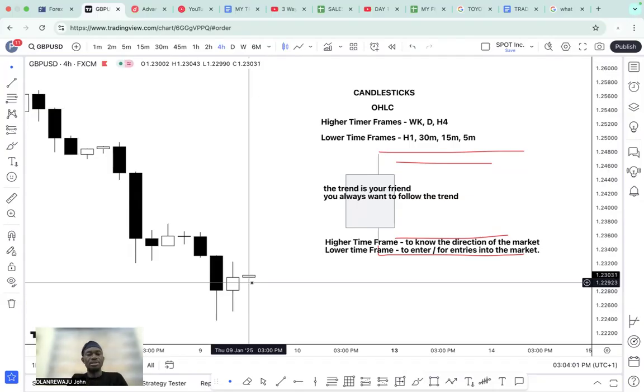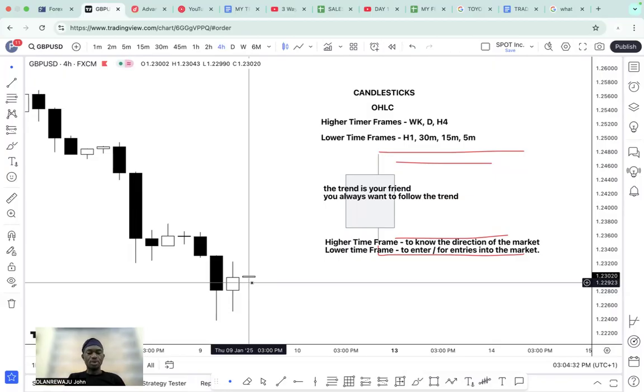So we've talked about the nature, open, high, low, close, how the close of the previous is the open of the next, how the time that the previous closed is the time that the next one opens. And we've talked about types of time frames, higher time frames and lower time frames. These are all the things you need to know; they will come together inside your understanding, and with them you can make analysis.